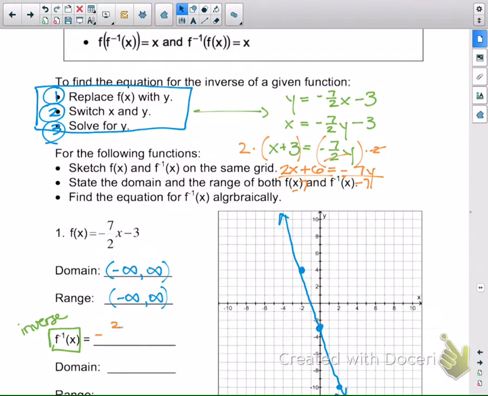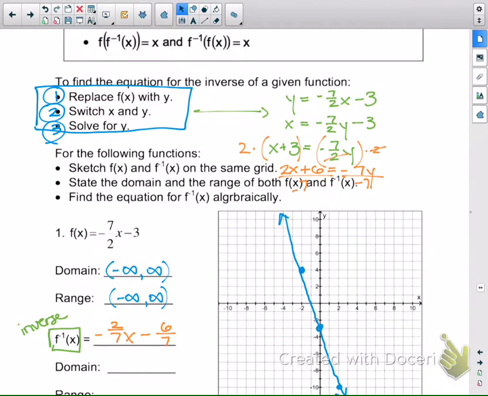Okay, negative 2/7 x minus what's going to be my y-intercept? 6/7. Not a super nice line to graph, right? Because it would have a y-intercept of what? Negative 6/7, and I would have to count down 2/7 from that fraction.